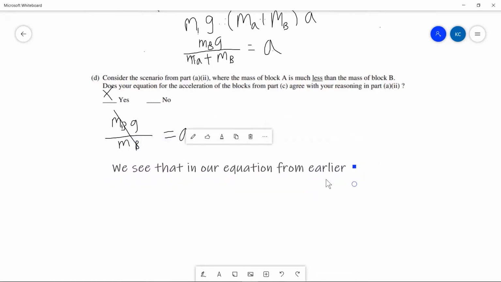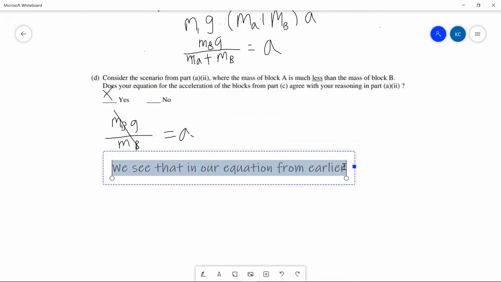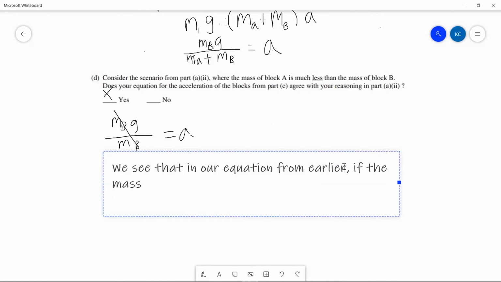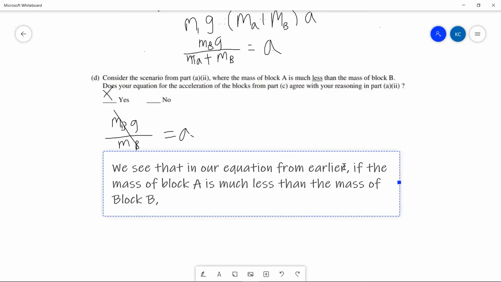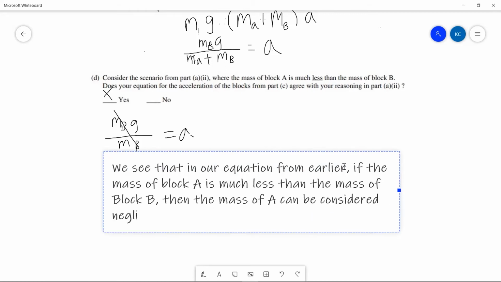We see that in our equation from earlier, if the mass of block A is much less than the mass of block B, then the mass of A can be considered negligible and approaches 0.